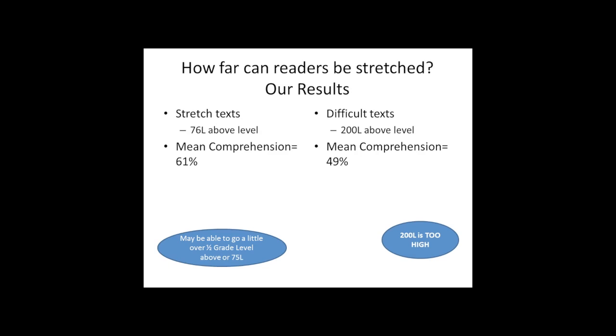And what kind of conditions could you manipulate so that students could do more with their comprehension? There's a lot more work to be done, and this was exploratory, but it still suggests 200 lexiles is too high.